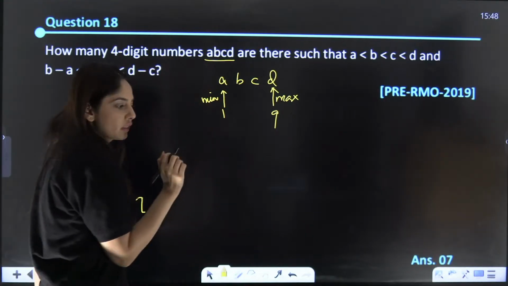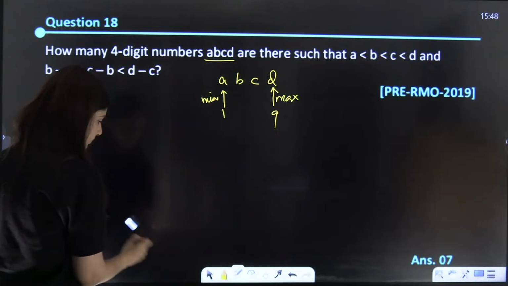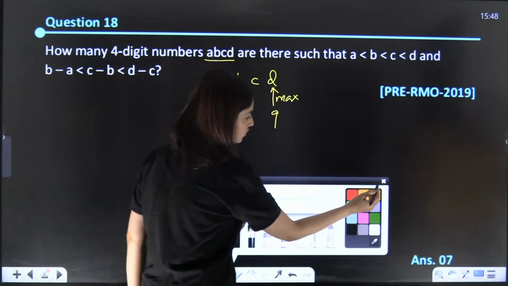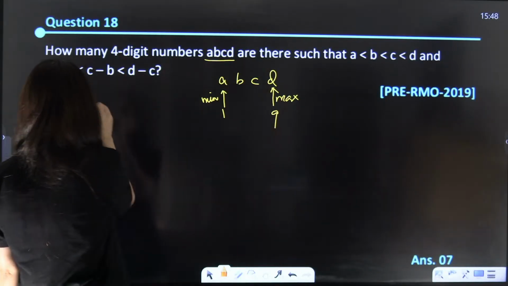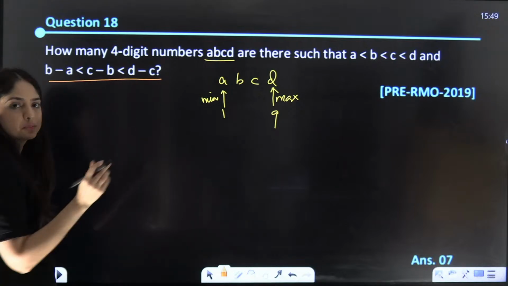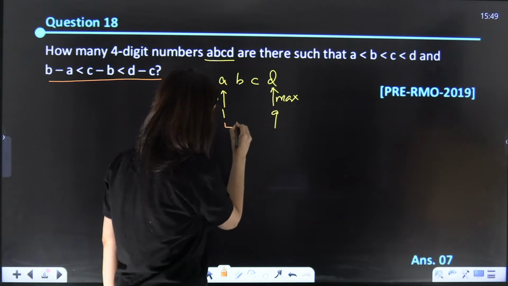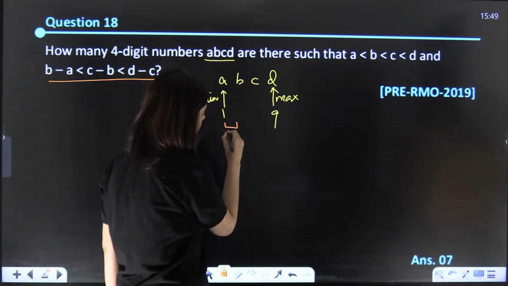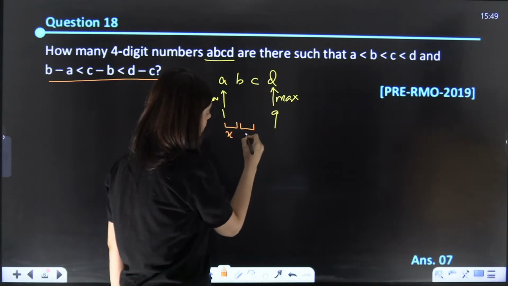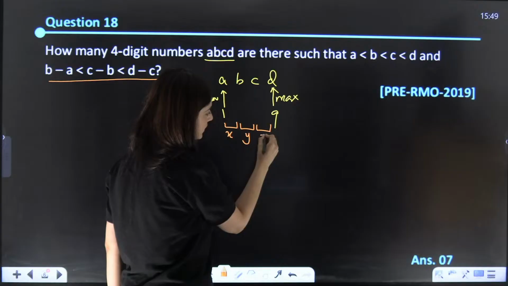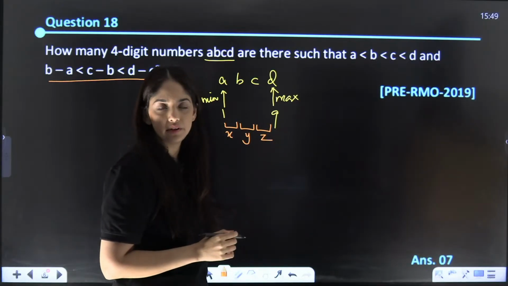Now, we are checking the difference between the digits. We know they are increasing. Let this difference be X, this difference be Y, this difference be Z, right?